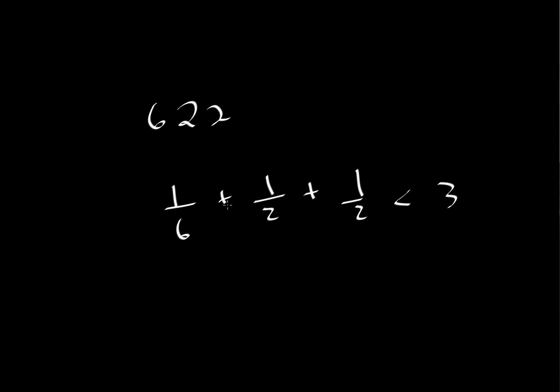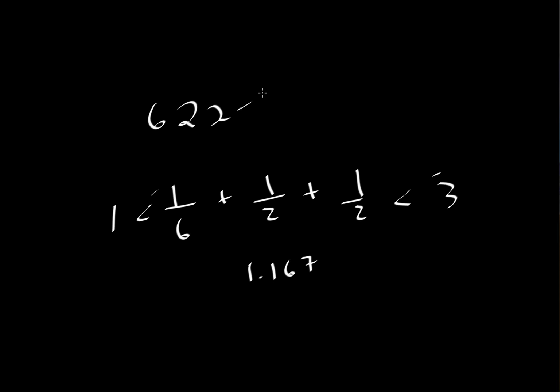Let's try one last one before we go. 6, 2, 2. If we have 1 over 6 plus 1 over 2 plus 1 over 2, is that sum greater than 1 and less than 3? Well, it comes out to a value of about 1.167. It is greater than 1. It is less than 3.